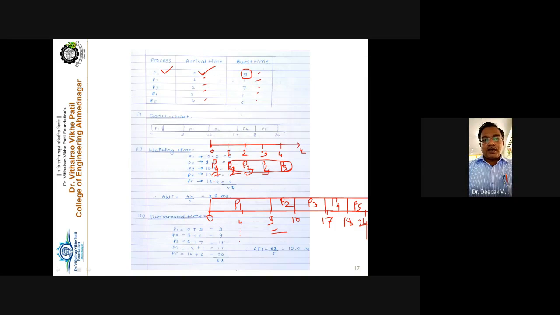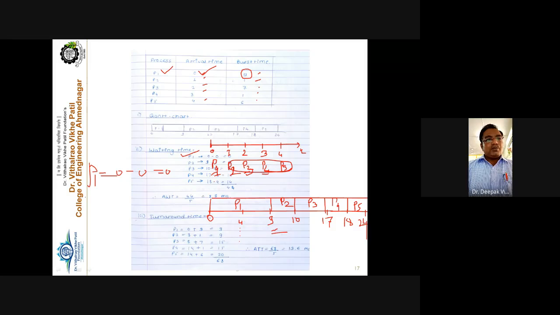Now, to find the waiting time, we have to subtract the arrival time. For P1, that is 0 minus 0, which is 0. So the waiting time for P1 is 0, because P1 arrived at 0 and started its execution at 0. There is no waiting for the P1 process.